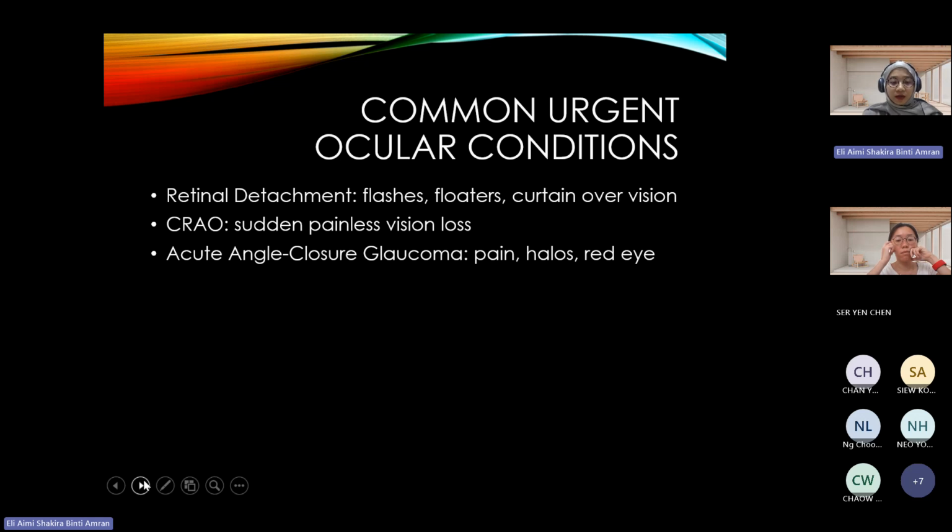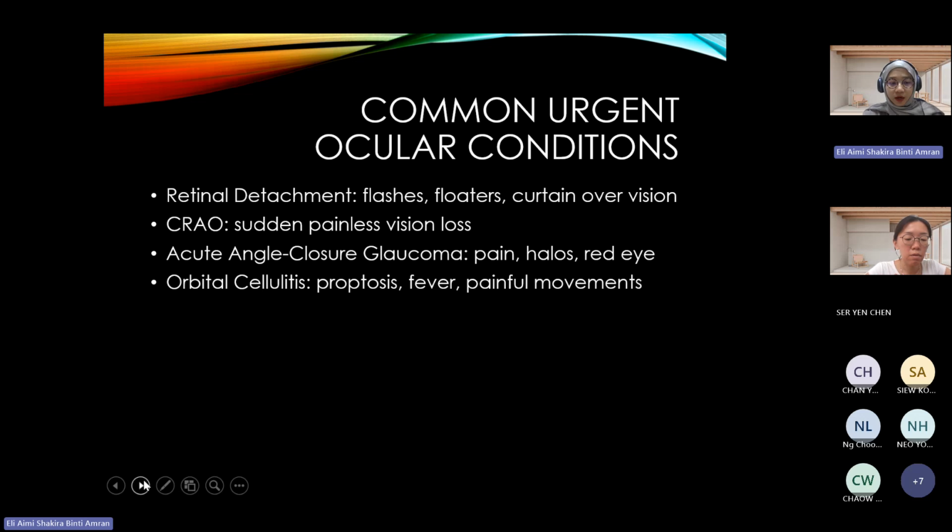Thirdly, acute angle closure glaucoma. It can cause pain, halos, red eye. And then orbital cellulitis. It can cause proptosis, fever, painful movements.